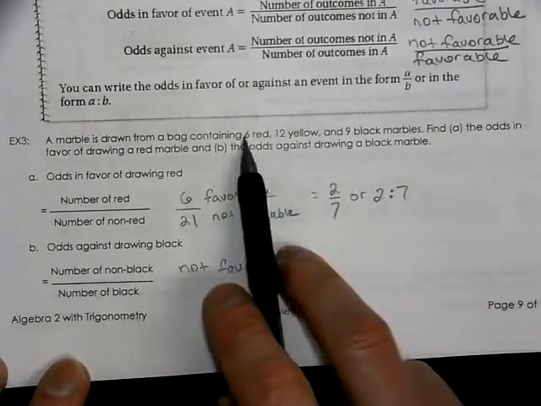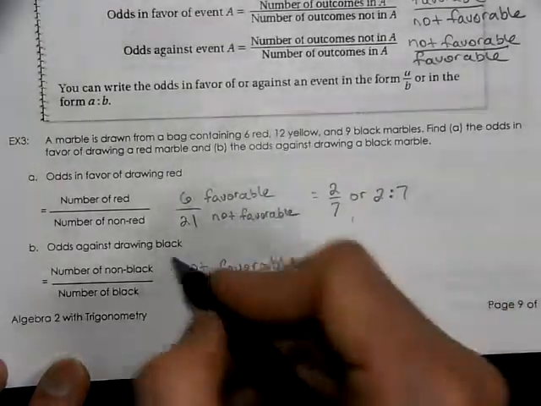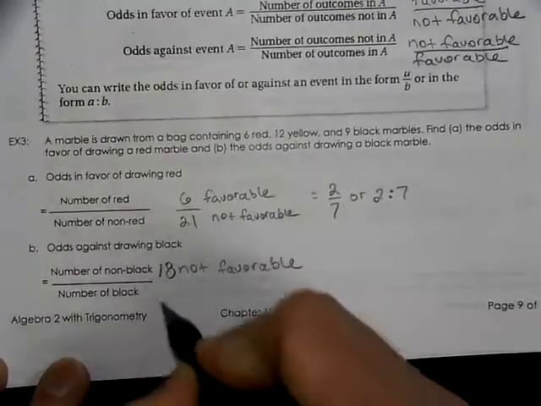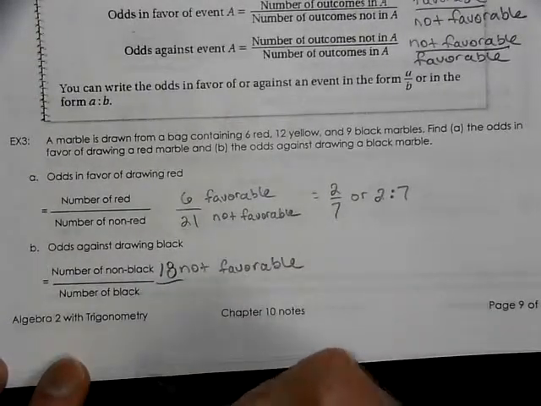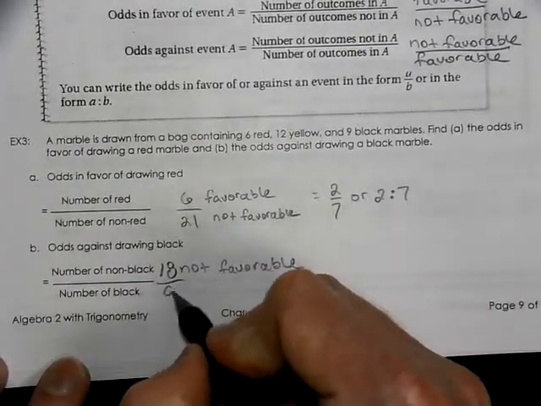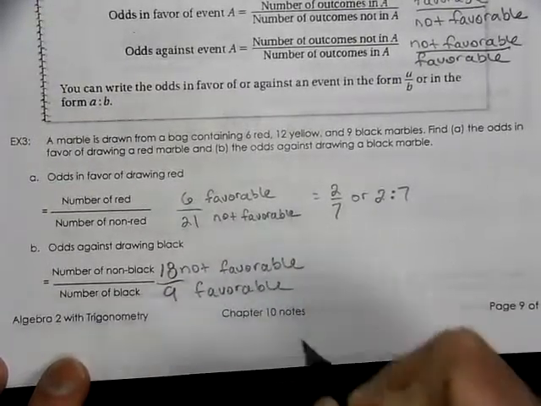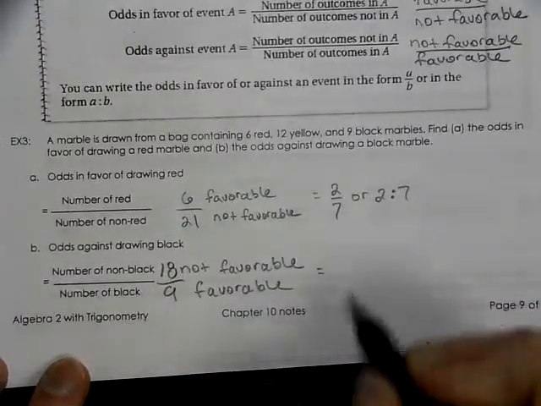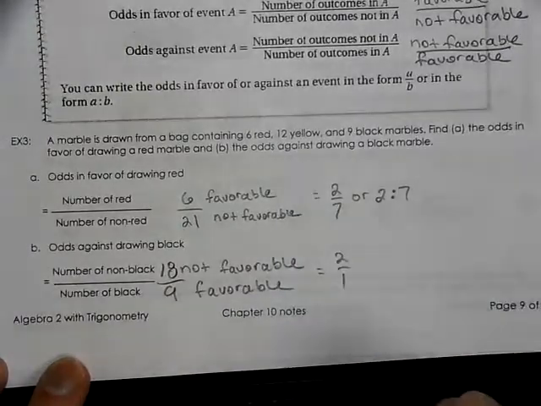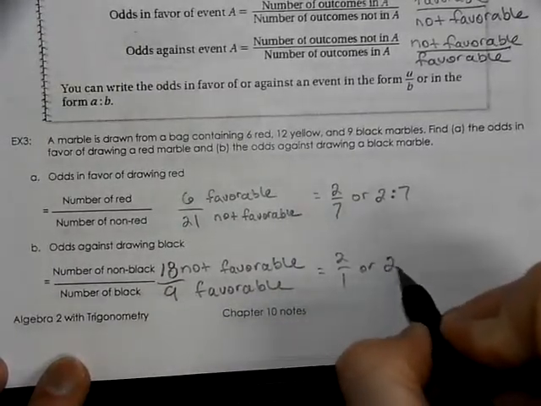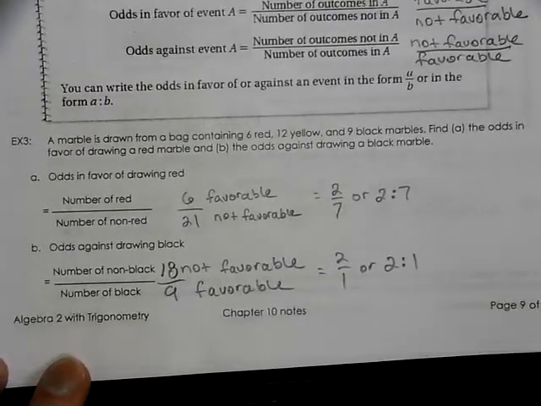There's 9 of them, so there's 18 that are not. And then there are 9 that are. So that comes out to be 2 over 1, or 2 to 1.